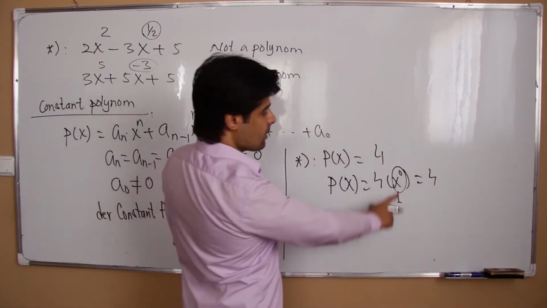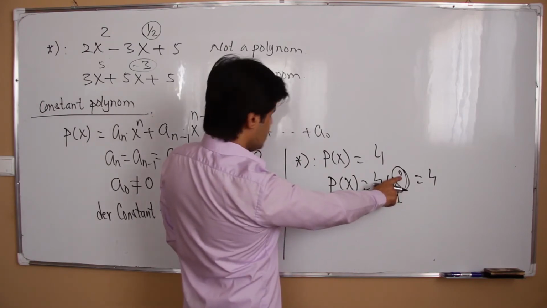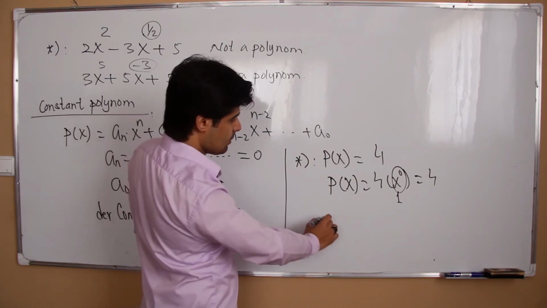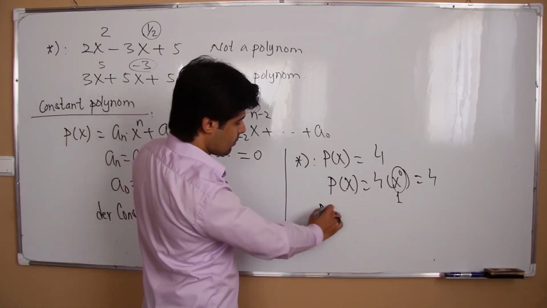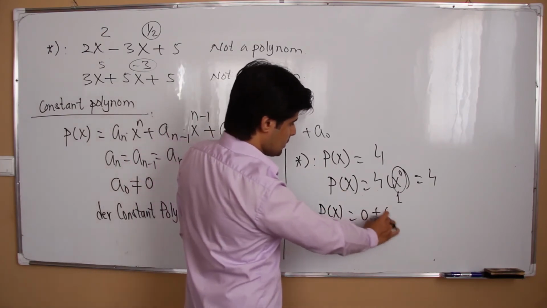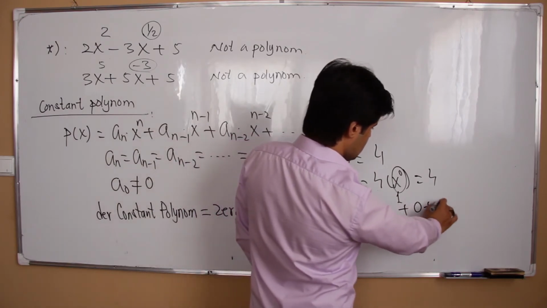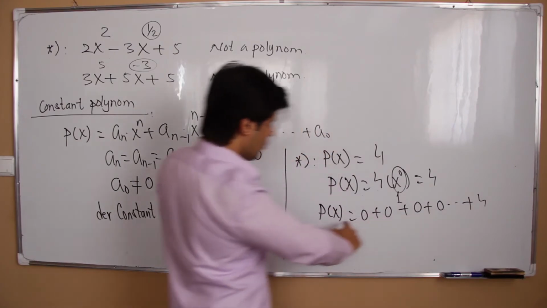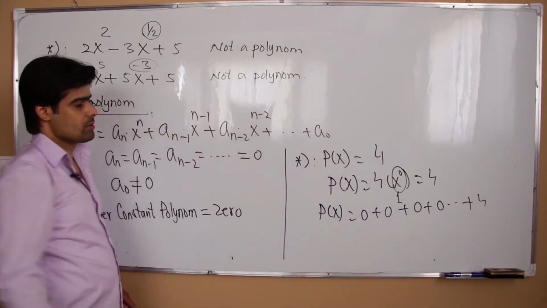So we can say the degree is 0. And the other terms, we can write this as p(x) = 0 plus 0 plus 0 plus 0, up to 4. The other terms are 0.